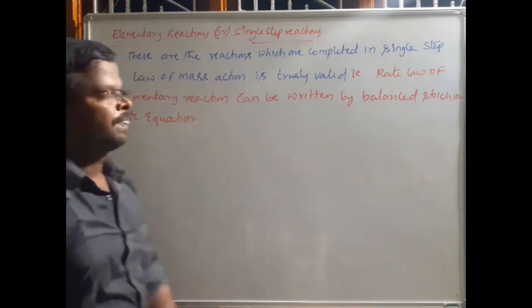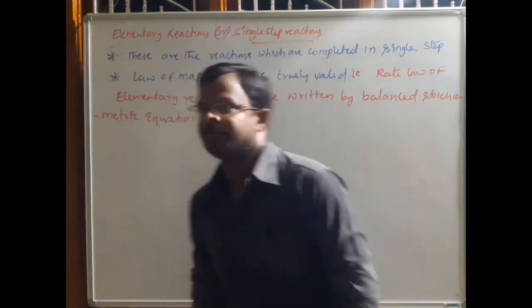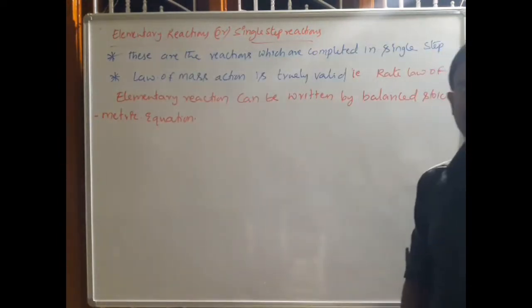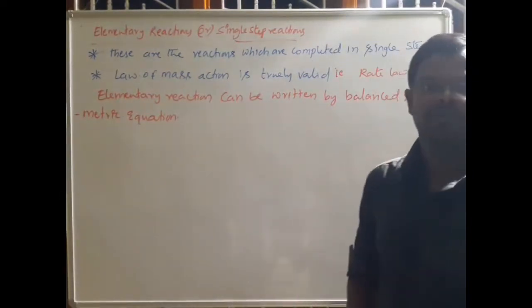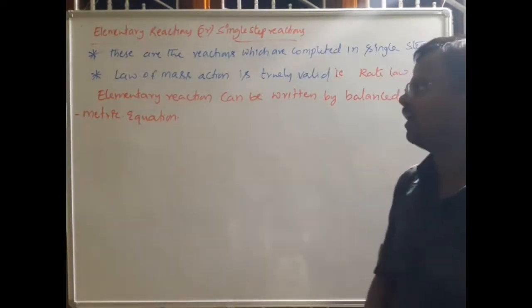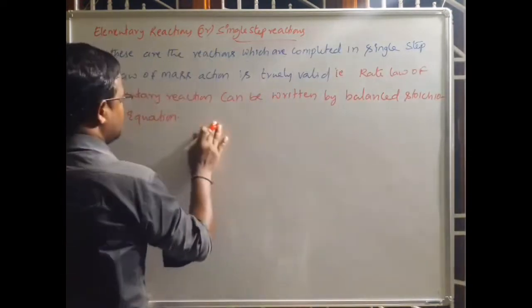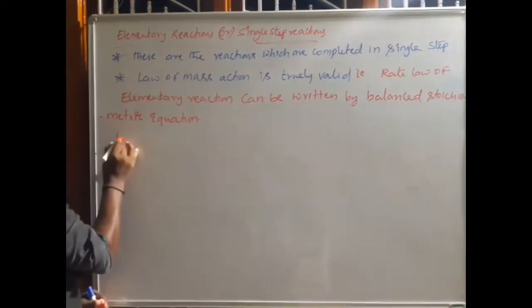That means for elementary reactions, the rate law is written by seeing the balanced chemical equation. Say one equation. Take one elementary reaction. Example.